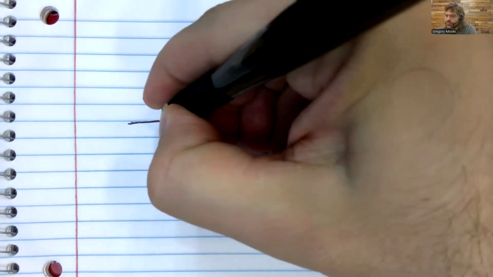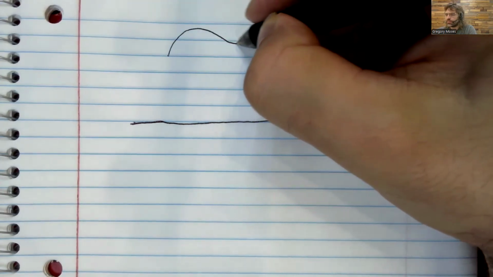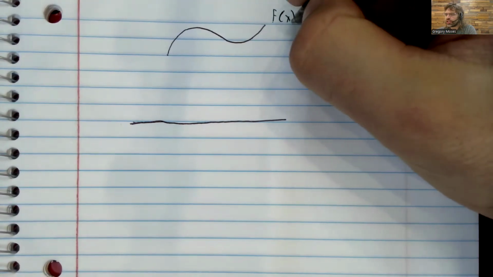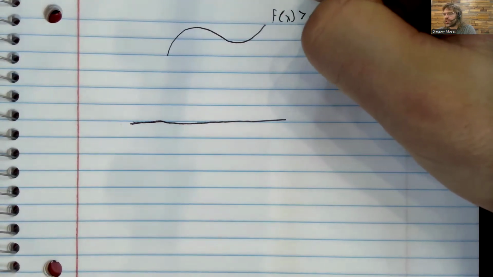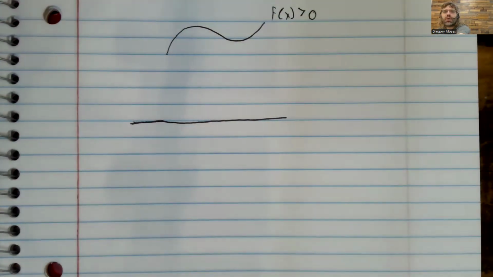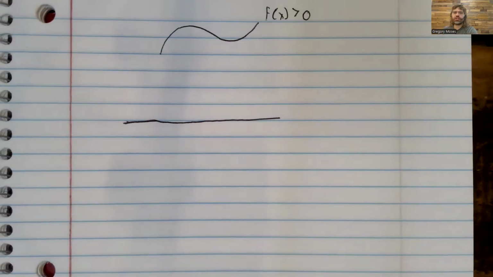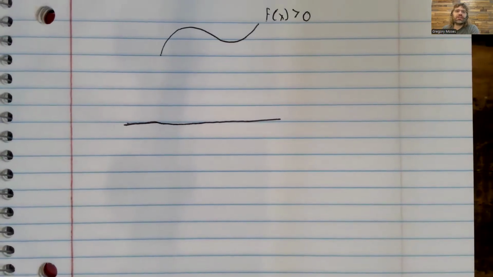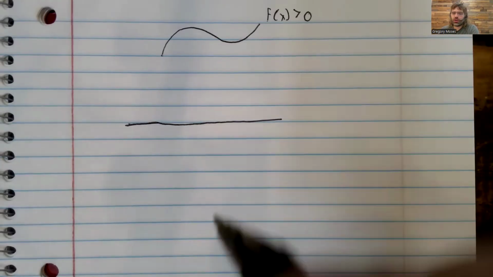But here is our situation. We have a function, let's say a strictly positive function, and we want to find the area under the curve.